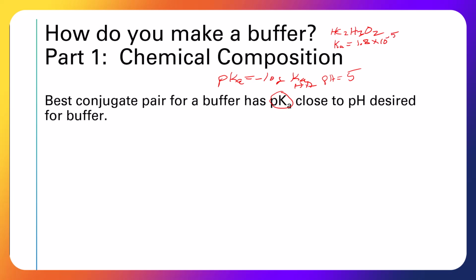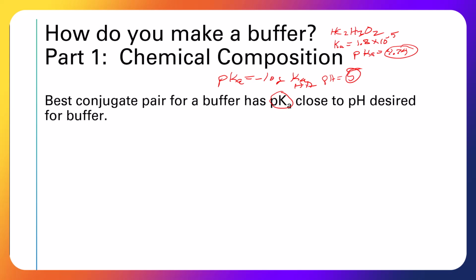Now, if I take the negative log, so we're going to calculate the pKa, which is equal to the negative log of 1.8 times 10 to the minus 5. That gives me a pKa of 4.74, which is pretty close to a pH of 5.